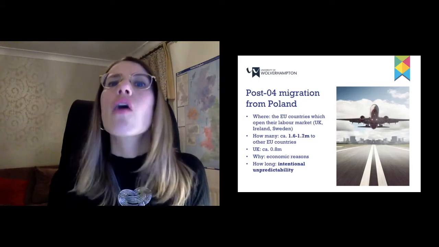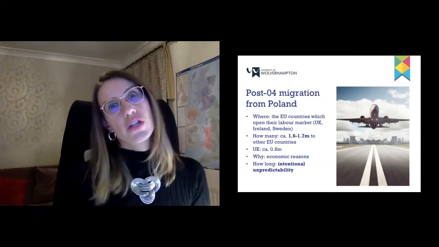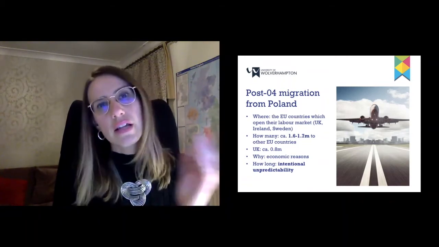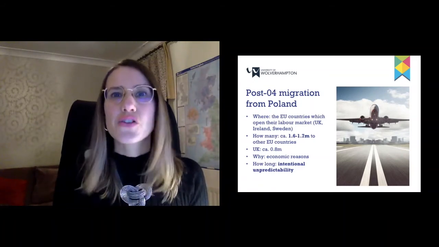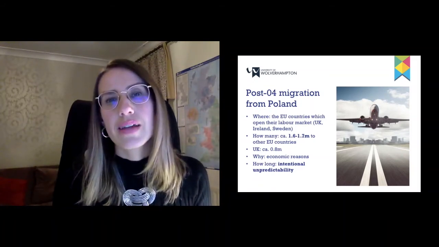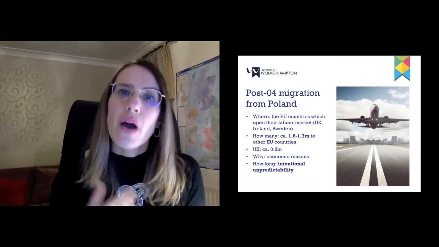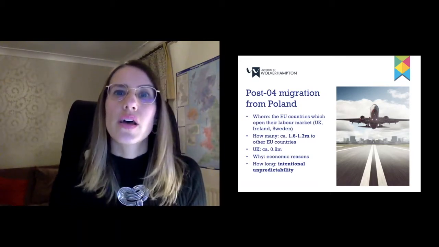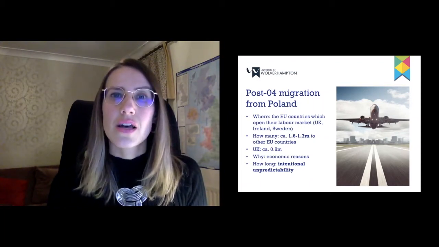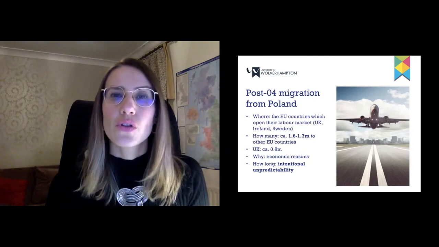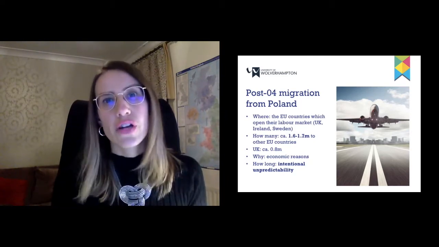And for how long? Who knows? Everybody migrates just for a year and then plans to go back. But these plans change as they are abroad. And this very much reflects also the strategies of Polish migrants who migrated to the United Kingdom, or perhaps we should say a lack of strategy.